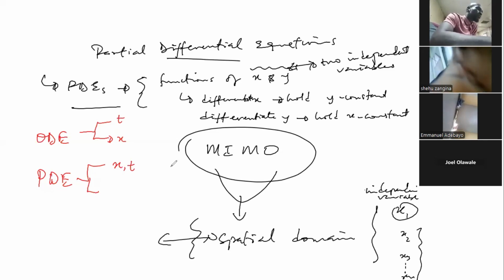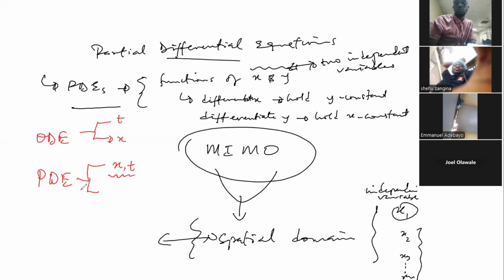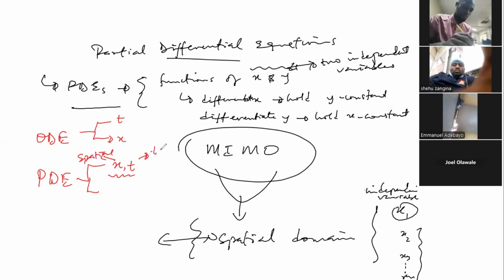For the PDEs, we now have to deal with systems where we consider the partial derivative with respect to these multiple independent variables. Having X and T tells us that we are dealing in the spatial domain and also in the time domain.